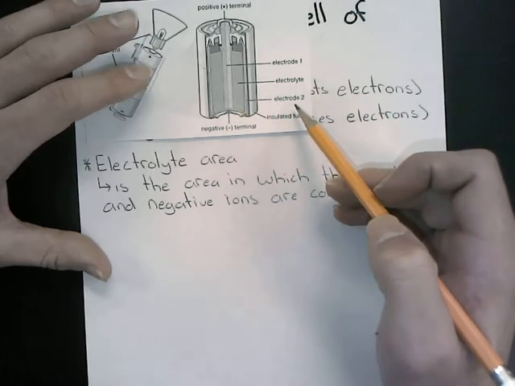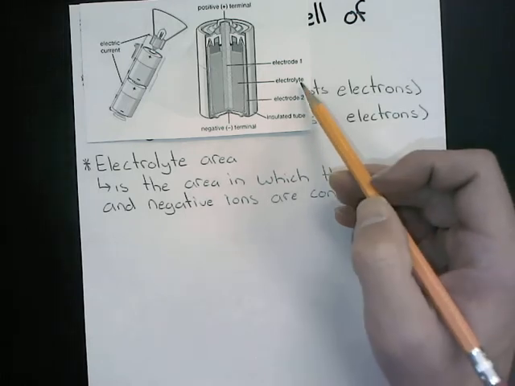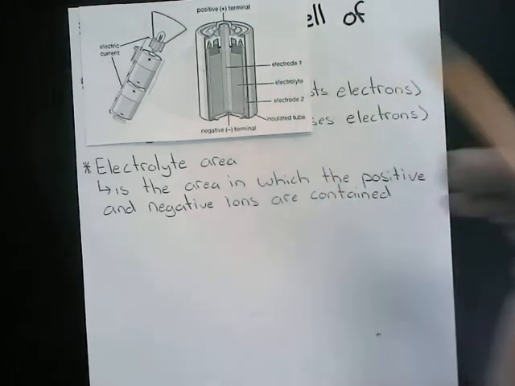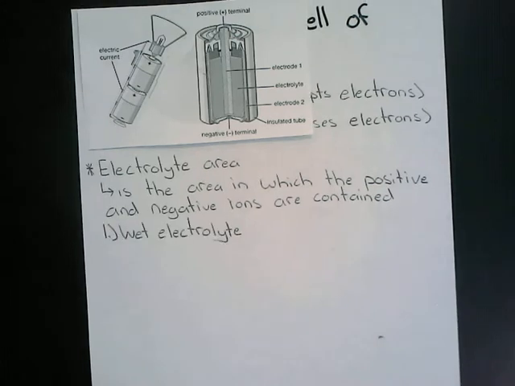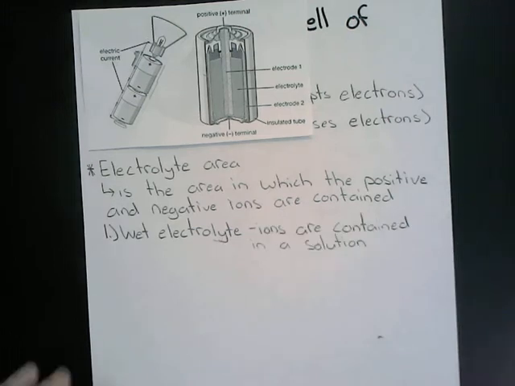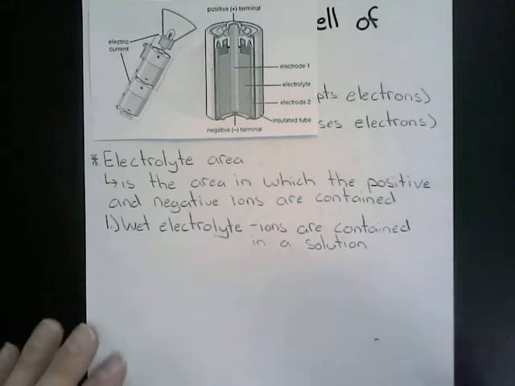Okay, so we have, again, two different electrolyte areas that we need to talk about. The first one is a wet electrolyte. And the wet electrolyte is where the ions are contained in a solution. And this wet electrolyte is something that's seen in a lead acid battery or the battery of a car.